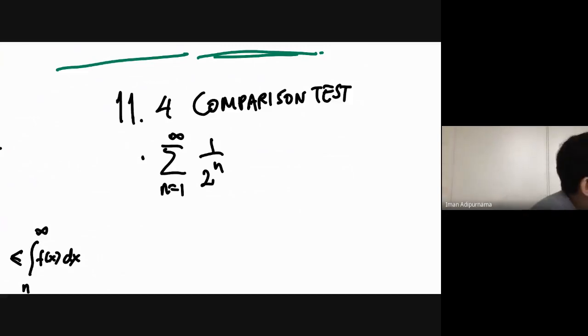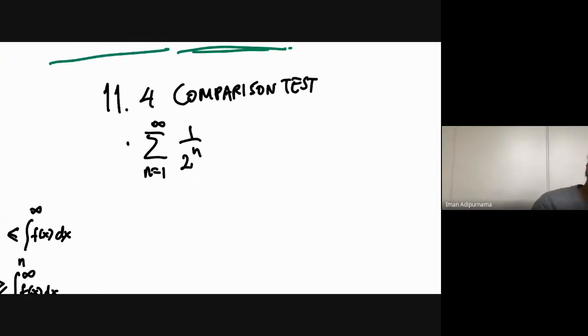Converged, yes. You can write the first few terms, for example, 1 over 2, 1 over 4, and so on.